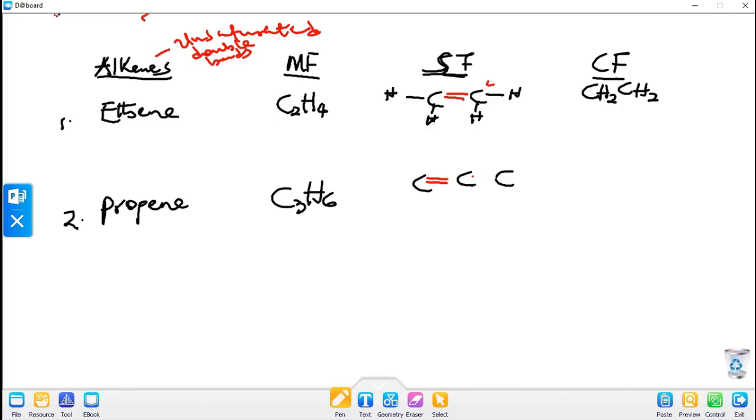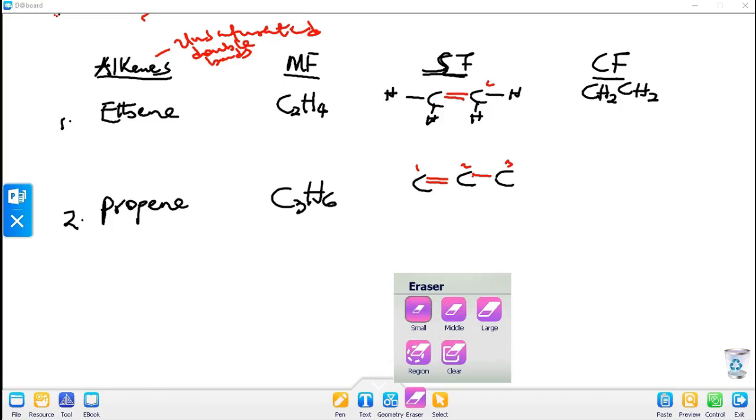If I call this 1, 2, and 3, it means carbon 1 and carbon 2 have a double bond between them, and carbon 2 and carbon 3 have a single bond between them. So there must be just one double bond, not more than 1.